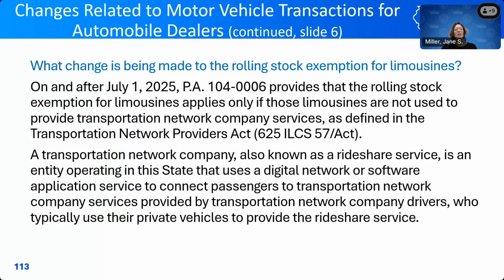A transportation network company, also known as a rideshare service, is an entity operating in this state that uses a digital network or software application service to connect passengers to transportation network company services provided by transportation network company drivers who typically use their private vehicles to provide the rideshare service. So this is saying that limousines cannot use the rolling stock exemption if they are used in a rideshare service like Lyft, Uber, that sort of thing.